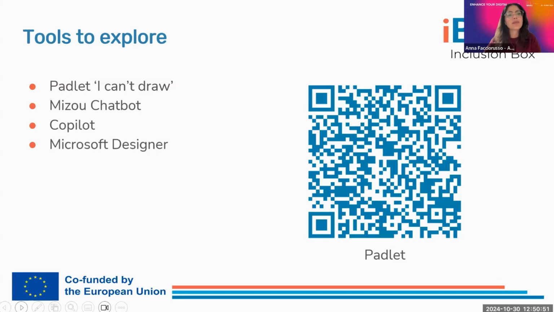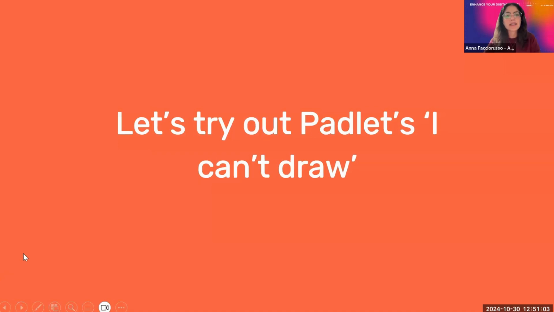And this is an activity that I would like to do with you. Let's move on from this slide and go to the next one. So go to the Padlet, check one of these generative AI tools. I can suggest Copilot because it's straightforward to use, so you don't need to sign up.